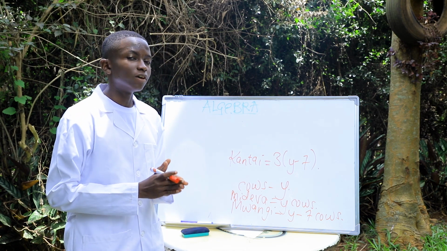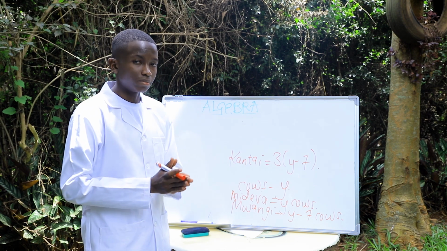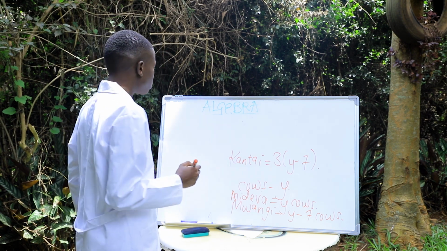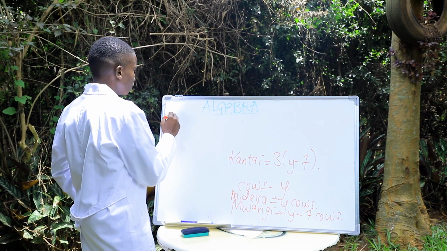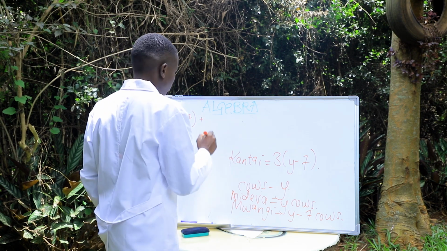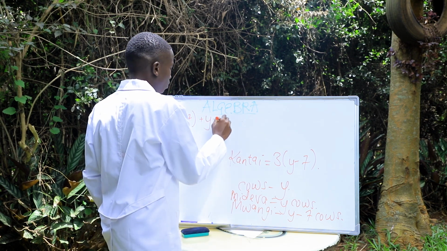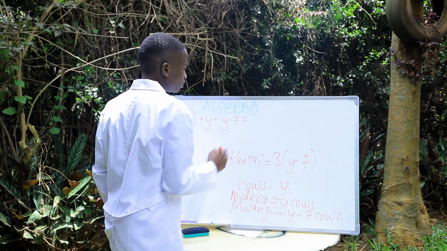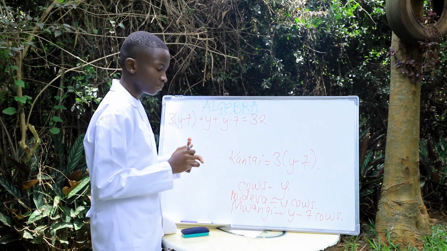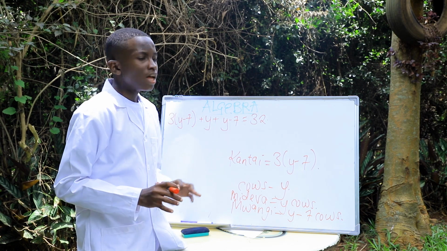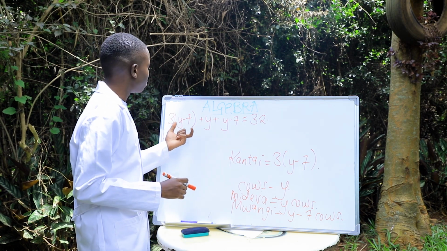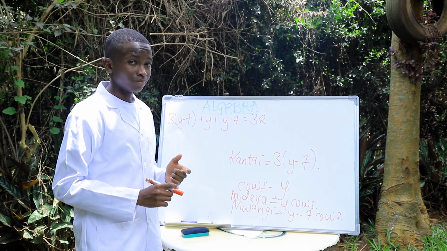Now once we have the values of all our participants, we begin solving our equation. So this is what we are going to do. We are going to say 3(y minus 7) plus (y minus 7) is going to give us 32. Now, before we move on, ensure that everything that is inside these brackets has been multiplied.